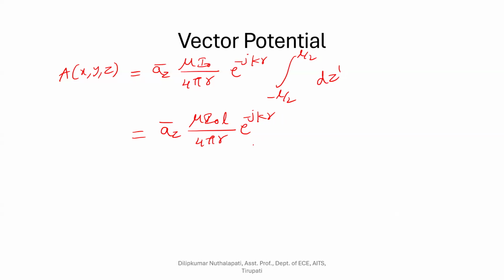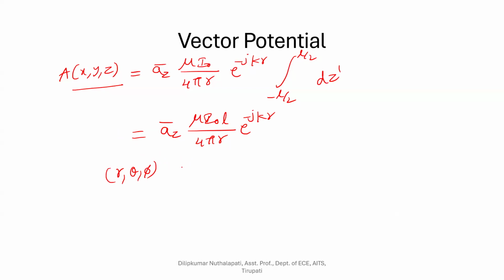Here, the vector potential is represented with the coordinates x, y, and z. These are the Cartesian rectangular coordinates, but the practical considerations of thin linear wire antennas are treated in the spherical system, which is denoted with r, theta, and phi.